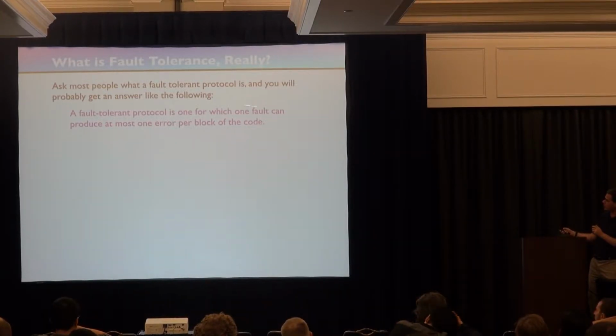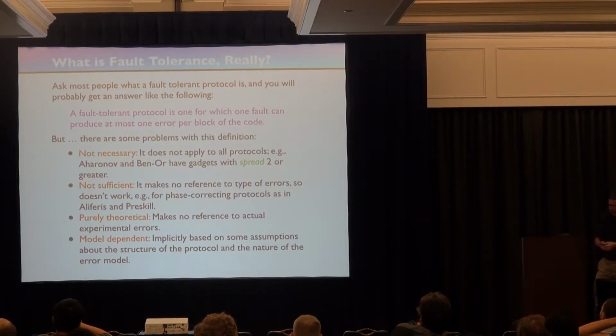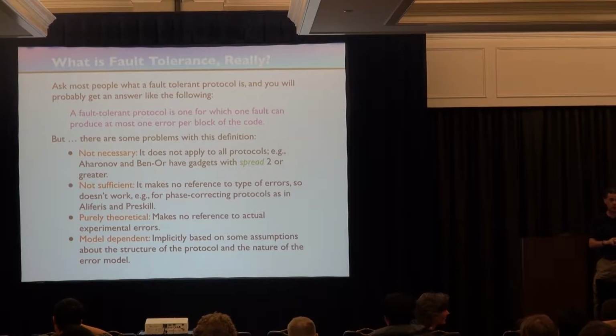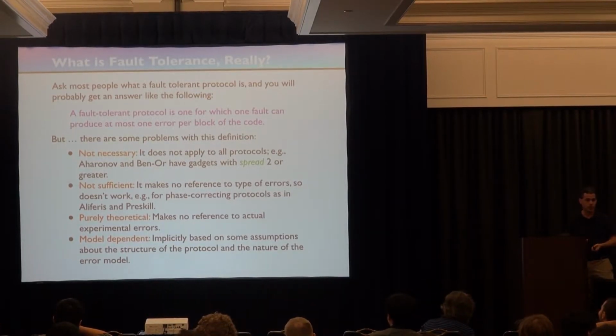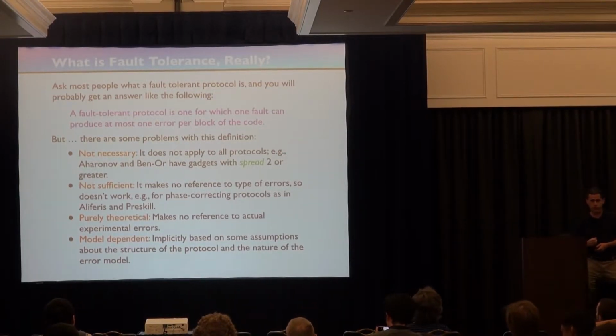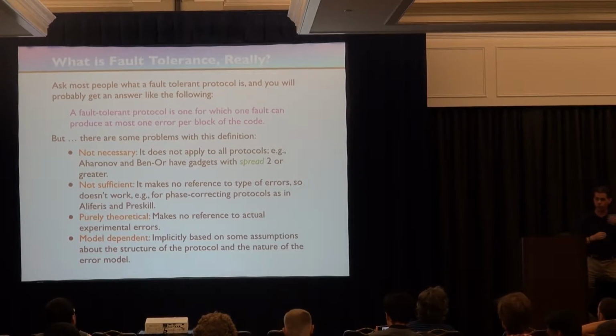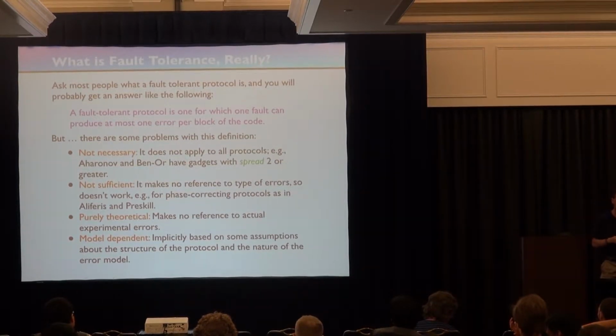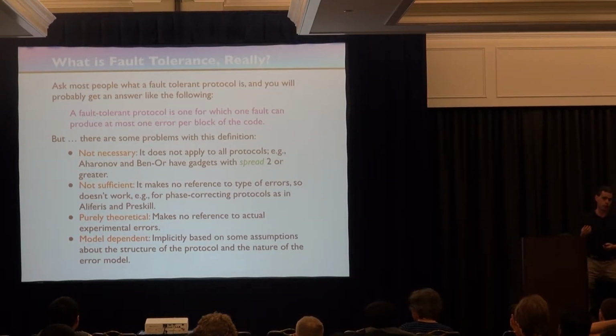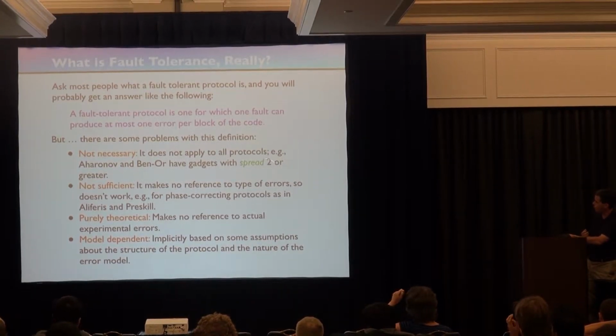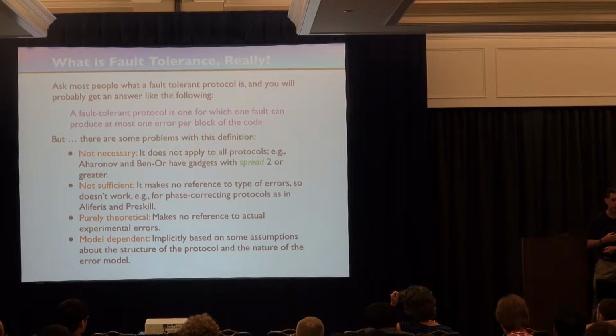But the problem with this is that there's actually a lot of problems with it. The first problem is it's not actually a necessary condition. There are protocols dating all the way back to the early days of fault tolerance. Aharonov and Ben-Or came up with protocols that had what they called spread 2, or more.